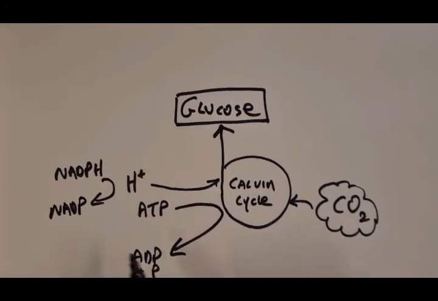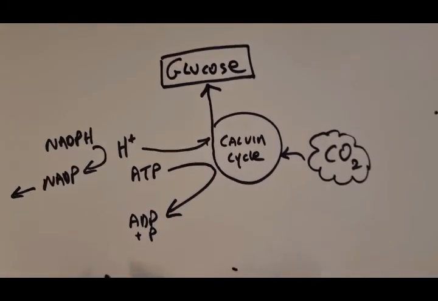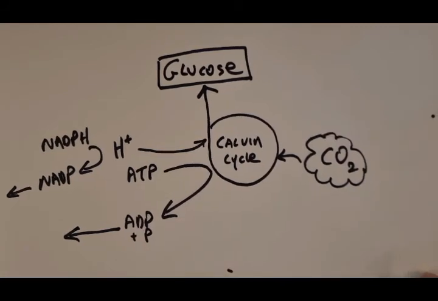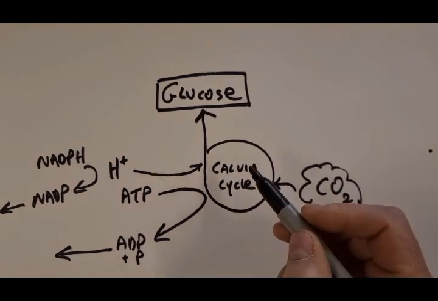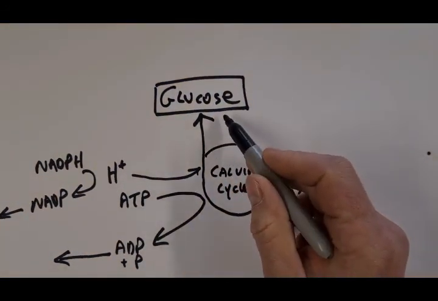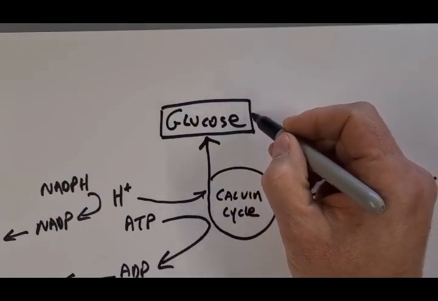Okay, so NADP will now head back to the light stage to pick up some more protons. ADP and P will now head back to the light stage to be re-energized by an energized electron produced from chlorophyll in the light stage. The end product here of the Calvin cycle is glucose. This glucose can be used immediately in respiration.